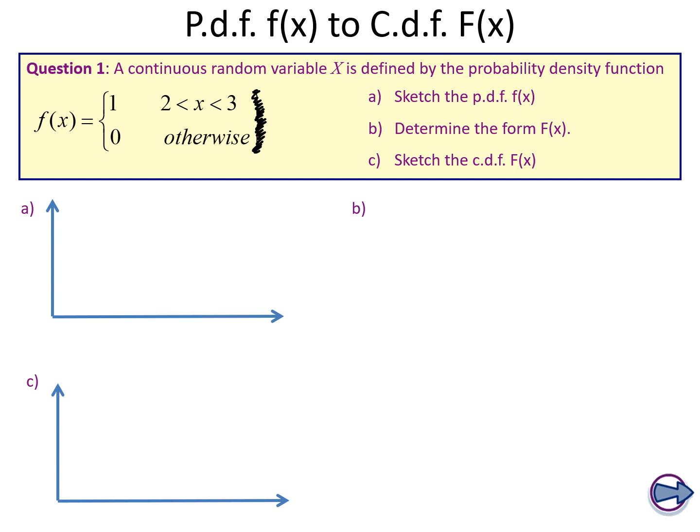I nearly did it from 0 then. Terrible. Right, let's put 2 and 3 on there. So it's going to be the graph y equals 1, f of x equals 1, between 2 and 3. And 0 otherwise.